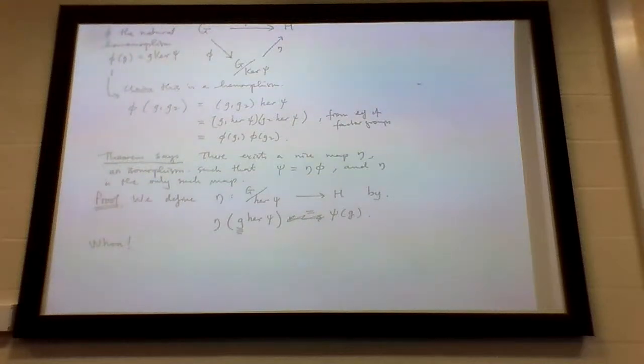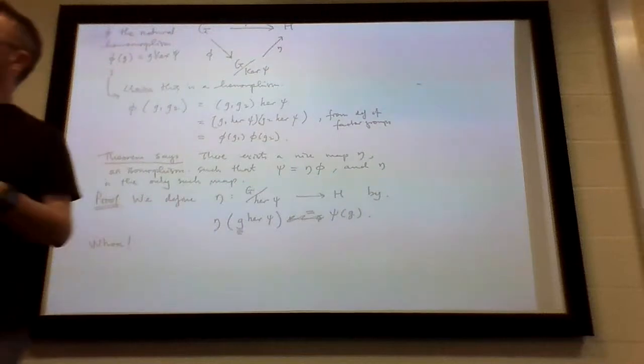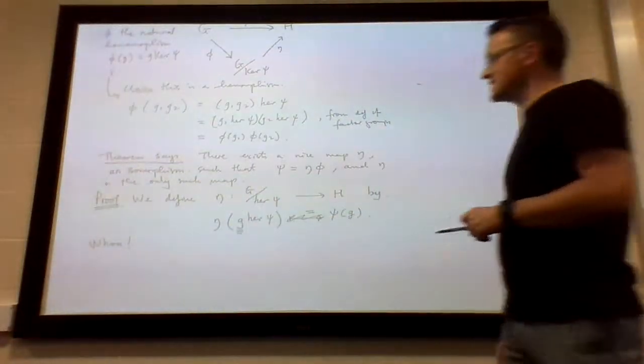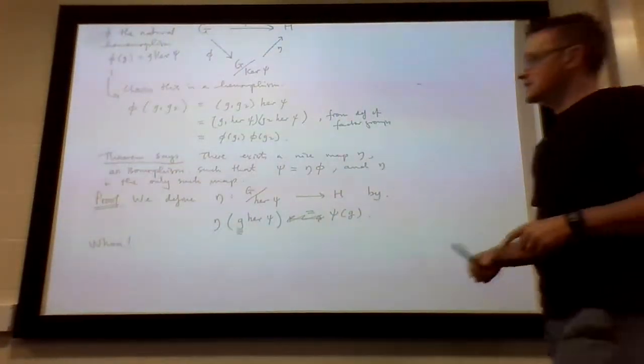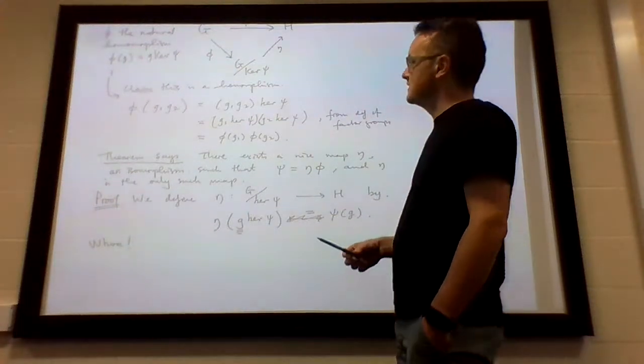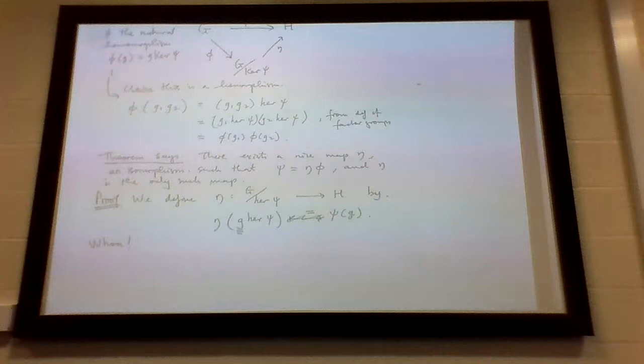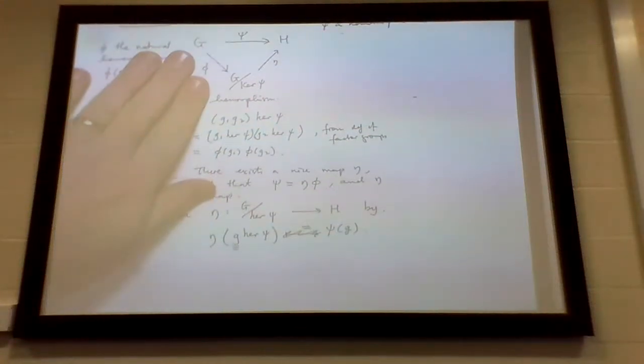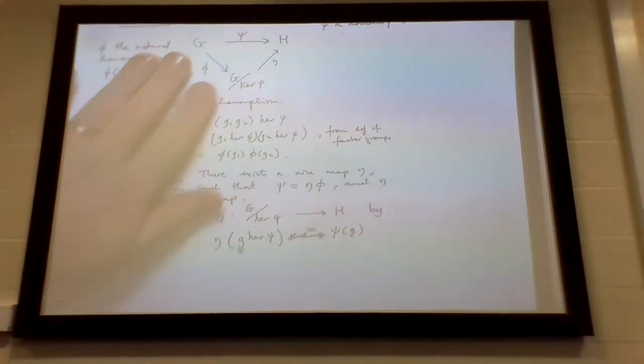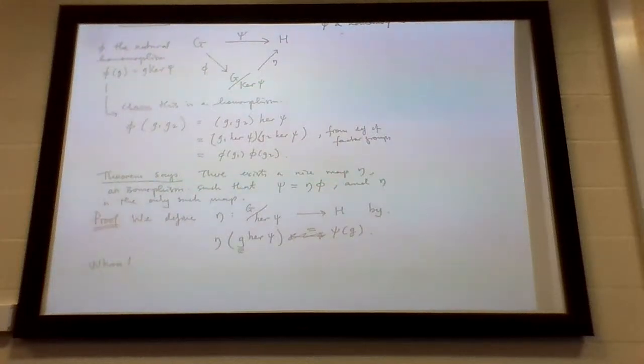What's the potential problem? Maybe that the map doesn't exist. Because if we've gone from G to G times K through phi, who's to say that from G times K to H it exists?